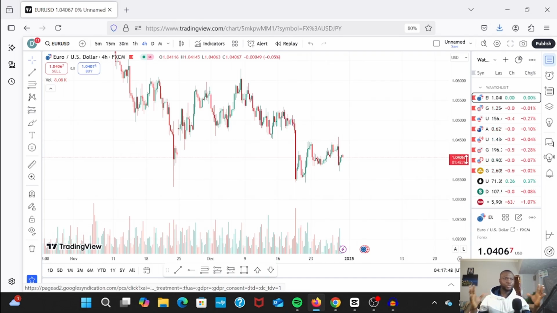So personally, if I'm analyzing any currency pair, first of all, what I do is I try to have a forefront or future idea of exactly the direction that the market is going to.